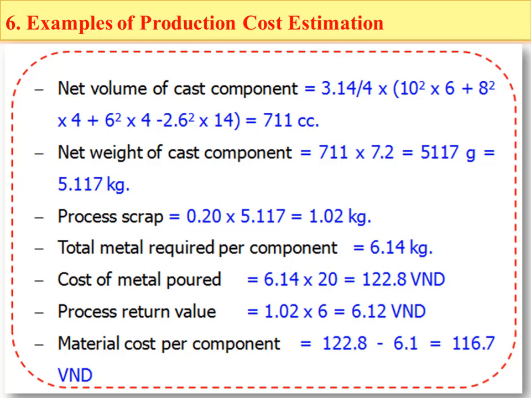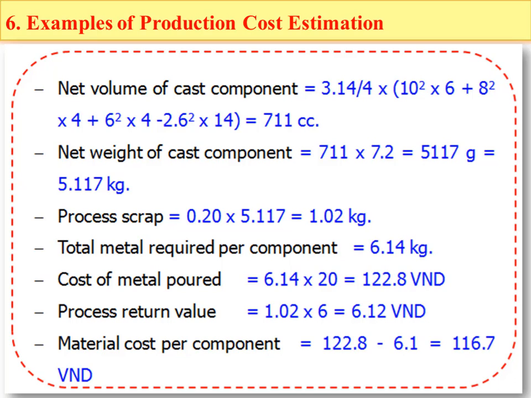The cost of metal poured is calculated by the total metal required per component multiplied by the cost of the molten metal, and it is 123.8 Vietnam dong. The scrap return value is calculated by the scrap multiplied by the value of the scrap return, and it is 6.12 Vietnam dong.